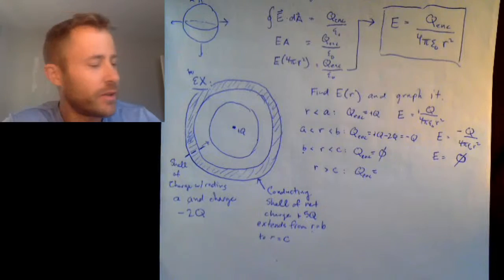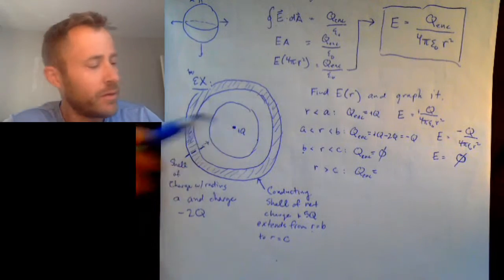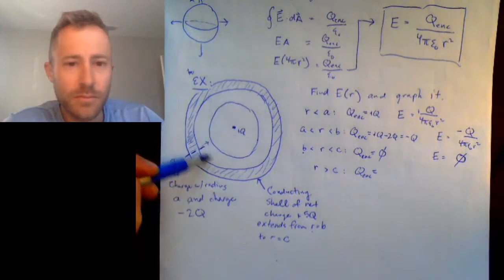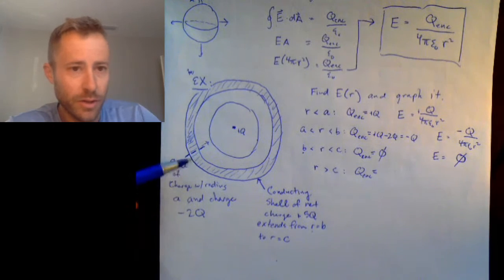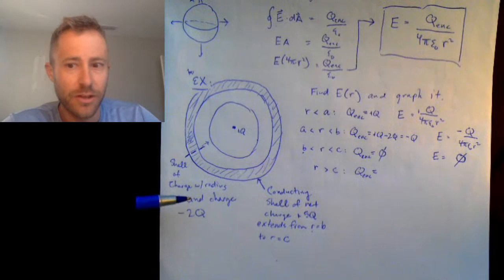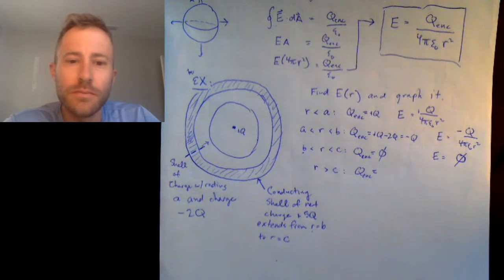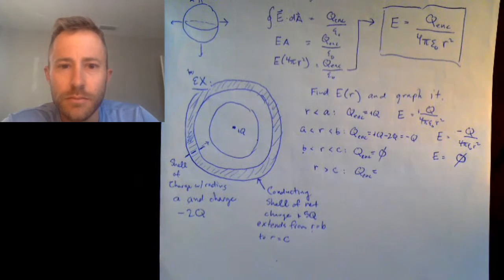It's going to enclose the charge in the center, the shell, and the conducting shell, which is not a neutral conductor, meaning that it has a net charge. Type it into the chat if you know.